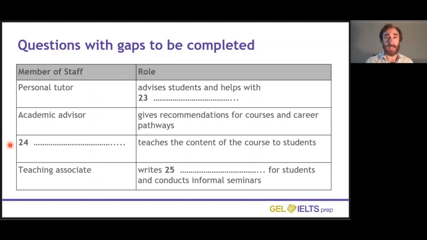So when we're listening to this, we're going to listen out for a member of staff. Now, because the listening goes in the order of the questions, we're going to listen out for that member of staff after academic advisor and before teaching associate. So that helps us. Let's look at the other 2 questions, 23 and 25.